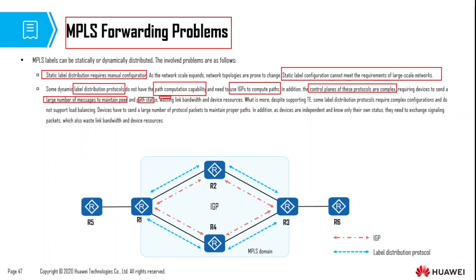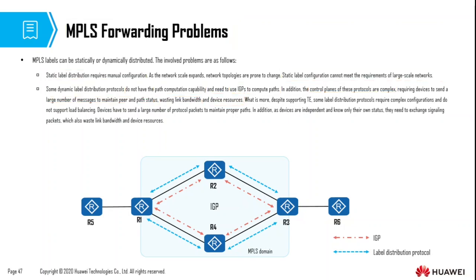This wastes link bandwidth and also consumes a lot of device resources, including processing power and storage. So that's the main problem with MPLS when we are using either static label distribution or dynamic label distribution protocol, LDP.